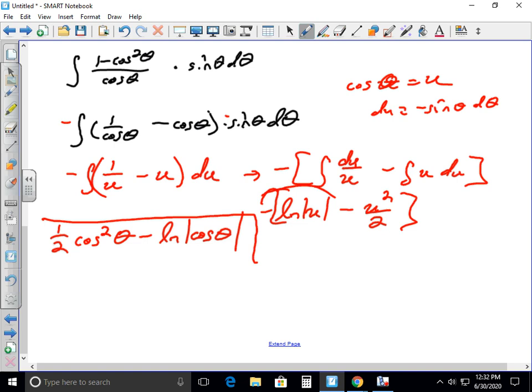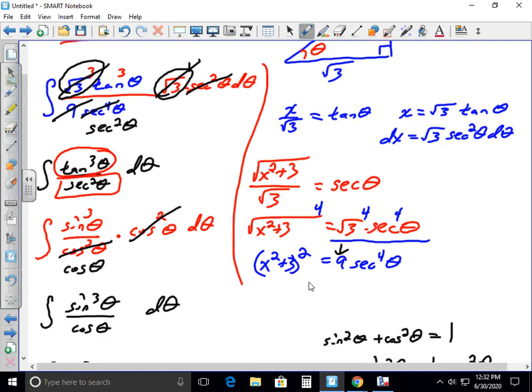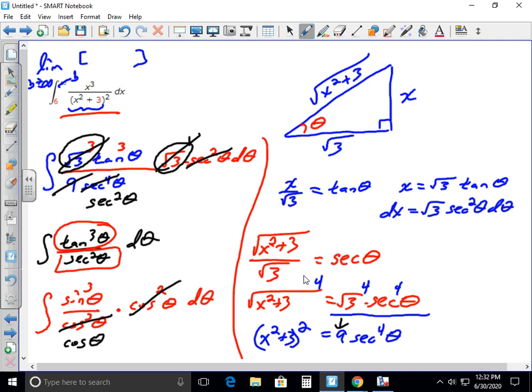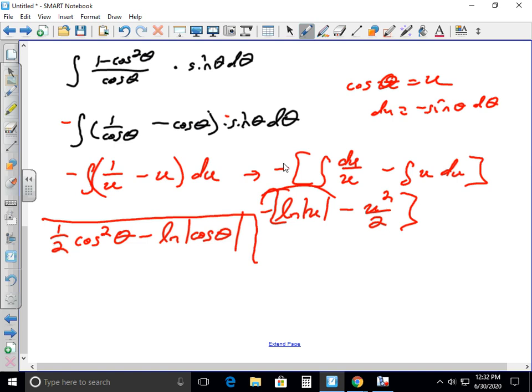So looks like, oh, yay, we've got it integrated, we're done. But remember, our original variable is not theta, it's x. So we have to go back and substitute. So what is cosine? Cosine is adjacent over hypotenuse. So cosine is root 3 over the square root of x squared plus 3.